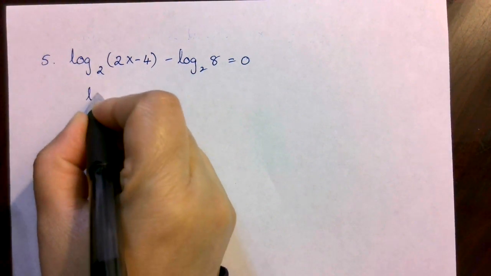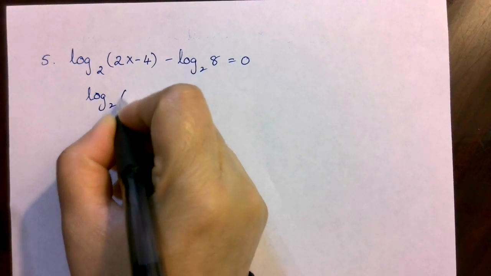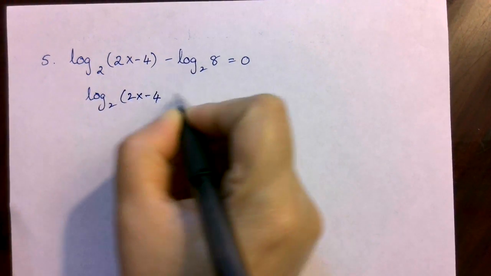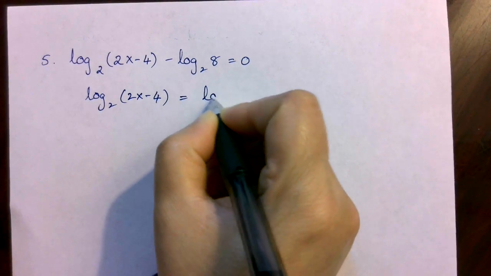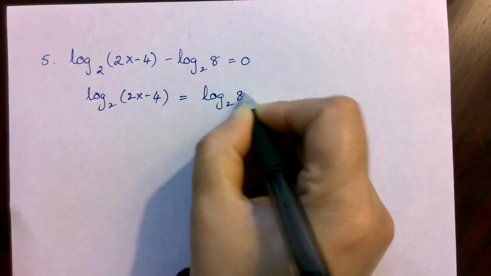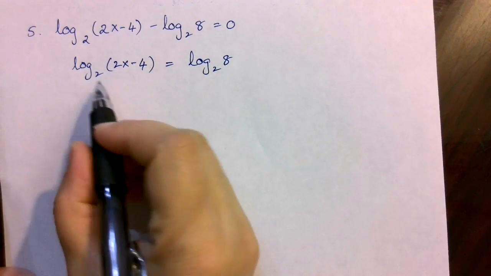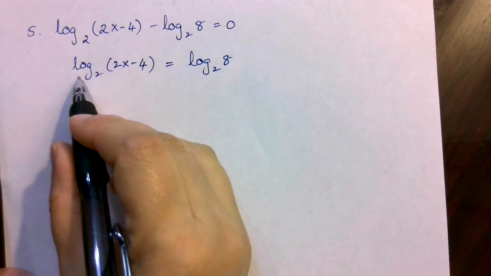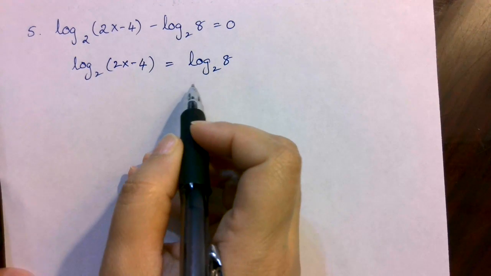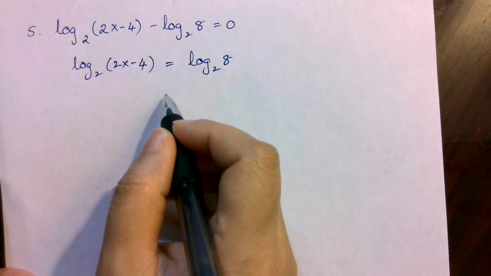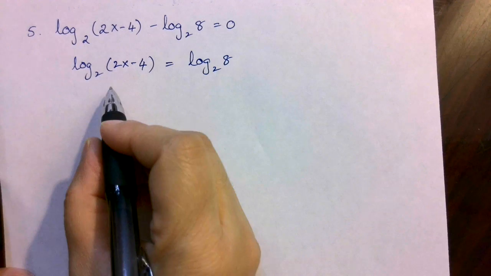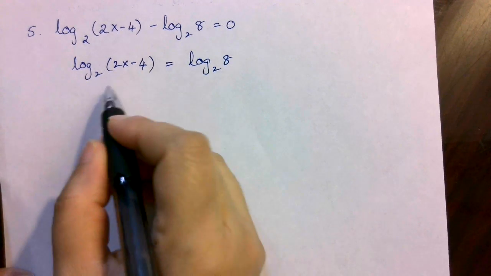I'll show you how. Log base 2 of 2x minus 4 is equal to log base 2 of 8. Now you see you have log base 2 on both sides. You can apply log to both sides like we did in the earlier problem, or you can cancel log on both sides.